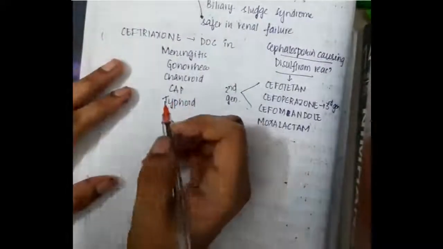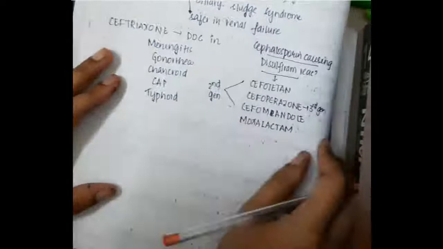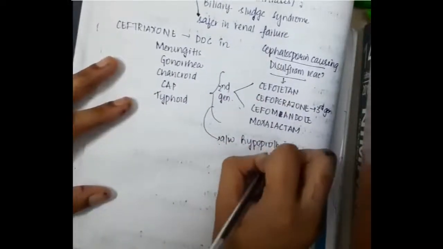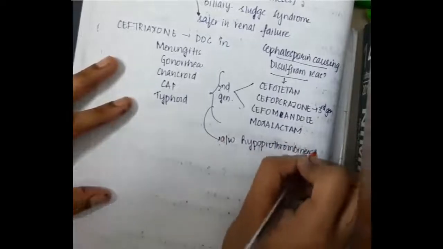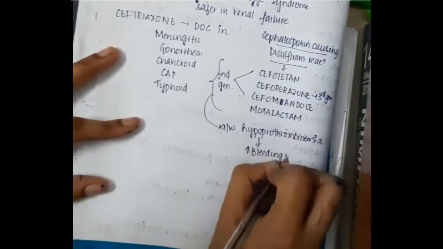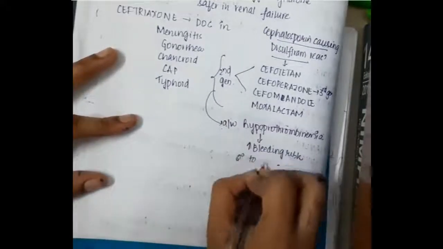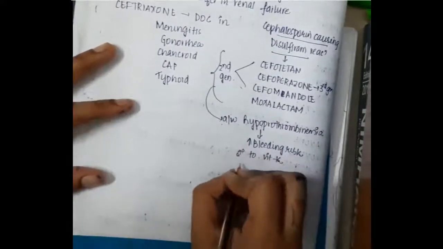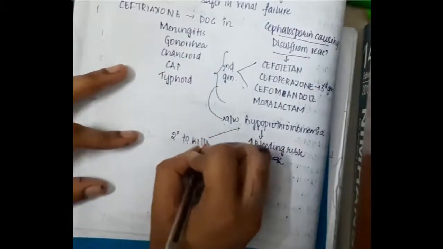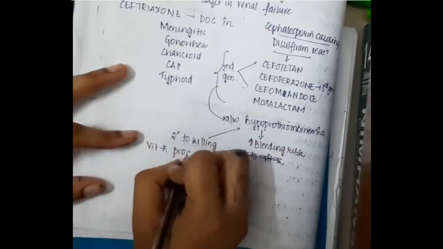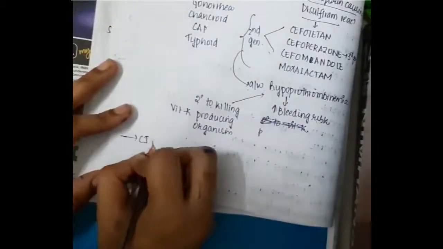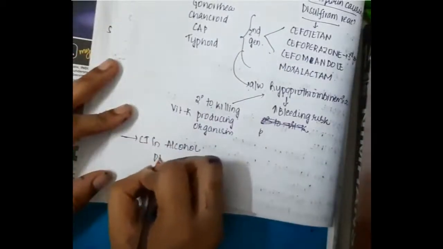One more important thing: cefotetan, cefoperazone, cefamandole and moxalactam are also associated with hypoprothrombinemia, and thus they increase the bleeding risk in patients. This is secondary to killing vitamin K producing organisms.